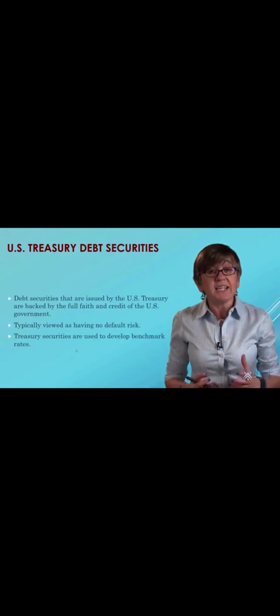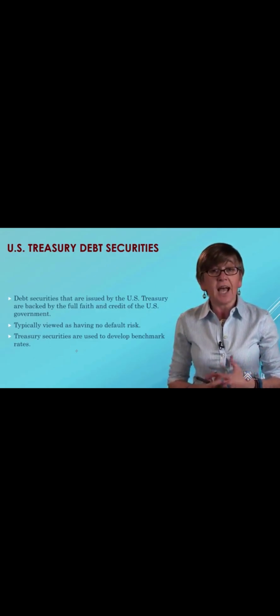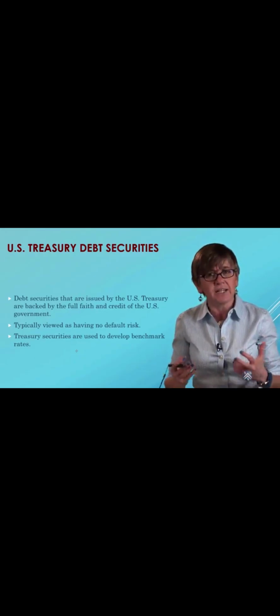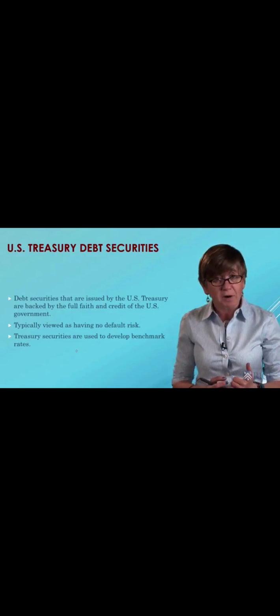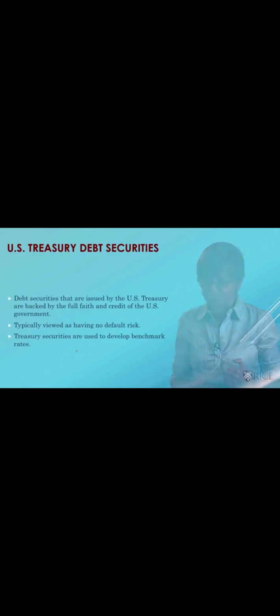US Treasury is the largest single issuer of debt. Just the sheer size of the volume of total debt and the size of any single issue makes the market very active and very liquid. So at times of high market volatility, Treasury securities are usually considered a safe haven.